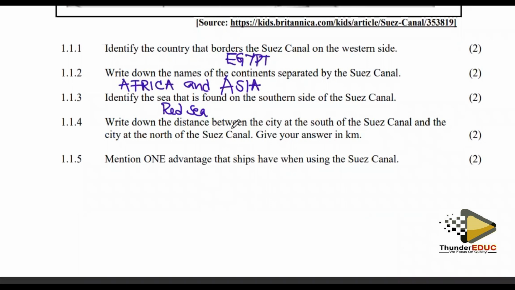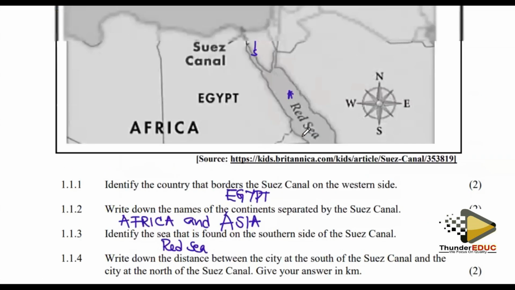Write down the distance between the city at south of Suez Canal and the city at the north of the Suez Canal. Give your answer in kilometers. So we shall see up here.